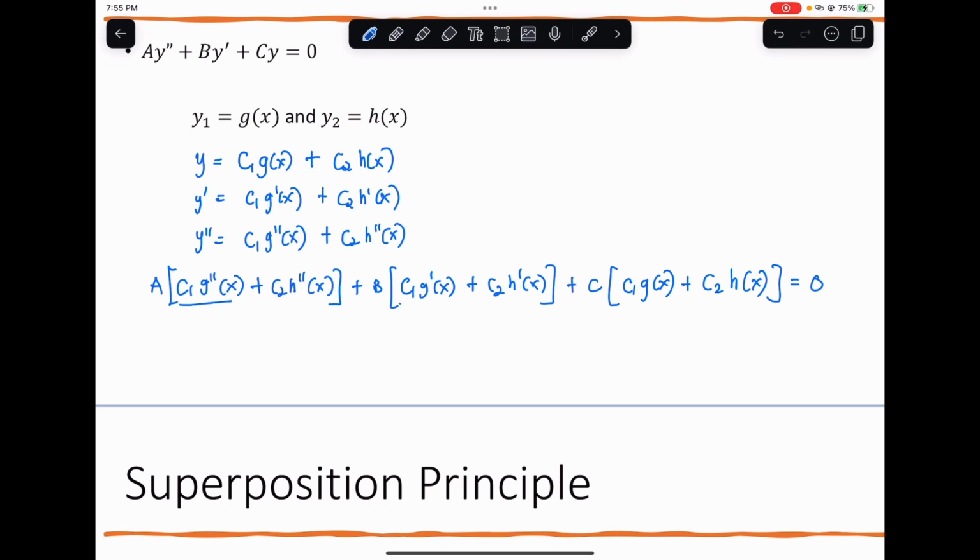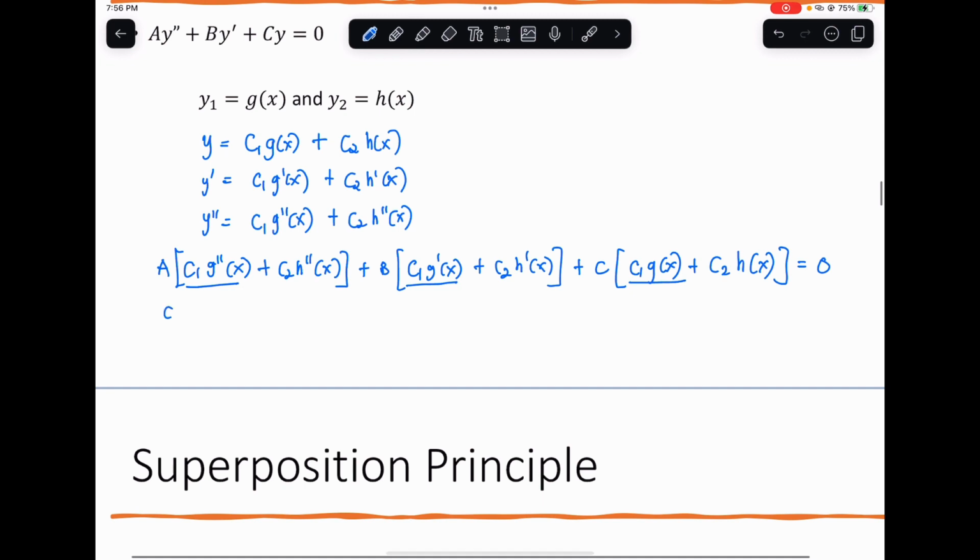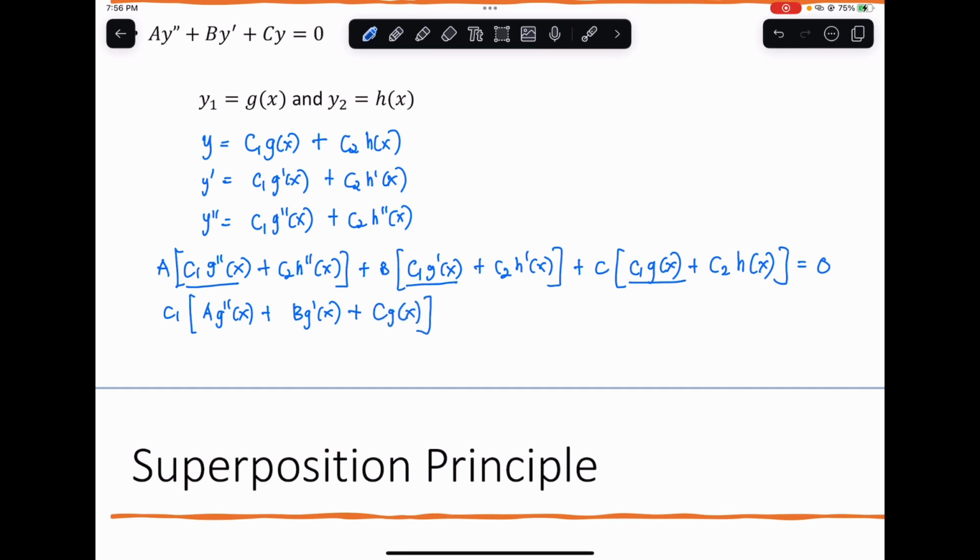Everything that involves g of x, we can factor out c1, multiplied with a g double prime of x, plus b g prime of x, and then plus c g of x. And similarly, we can do that one.